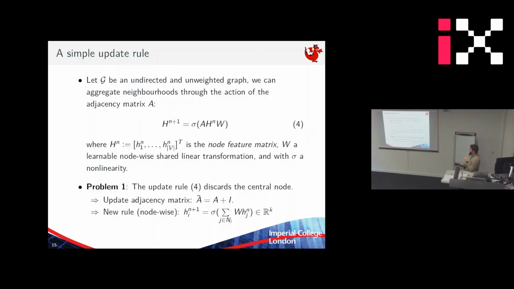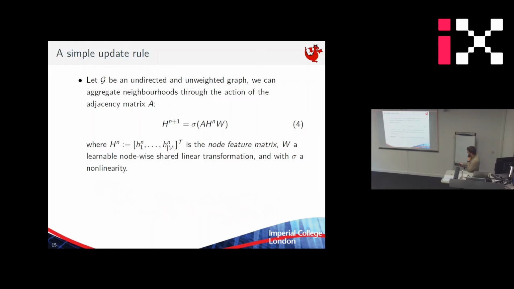Multiplying by the adjacency matrix is a way of having this sum over the neighborhood of the node for each node. Yeah, I have actually spoiled you a bit here. And then you have H, and then you have W, which is this learnable matrix, and you apply a sigma nonlinearity in the same way you do with neural networks.